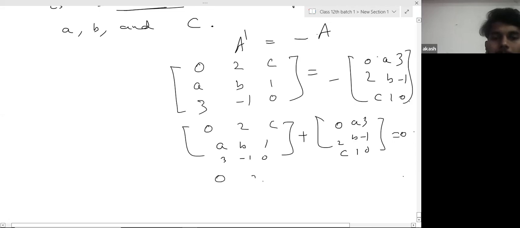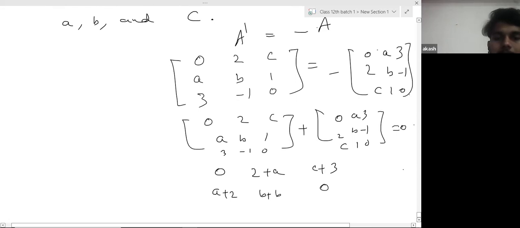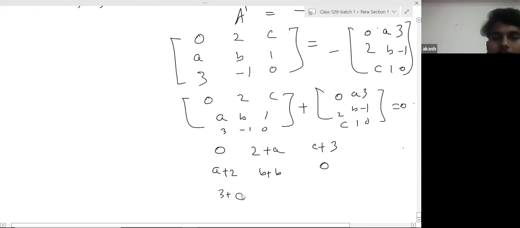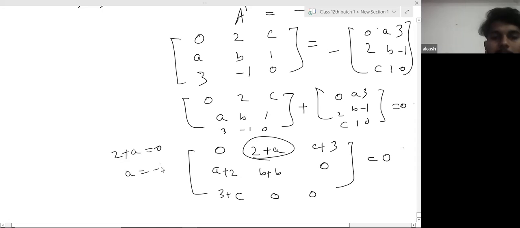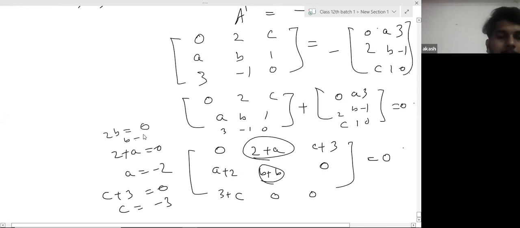So 0, 2 plus A, C plus 3, A plus 2, B plus B, and this is 0, 3 plus C, 0, and 0 will be 0. Now you can equate. C plus 3 must be equal to 0, so C equals negative 3, and 2B must be equal to 0, that means B is equal to 0.